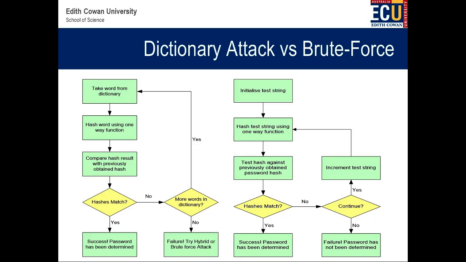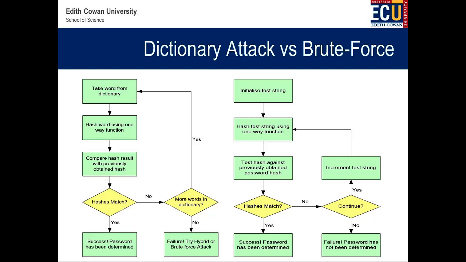Whereas if we talk about brute force attacks, we initialize the test string, like we take value A, and take the hash value of A using a one-way function. What is an example of a one-way function? Can you tell me? MD5, SHA-1, SHA-256, SHA-512. We test that hash value against the previously obtained password hash file.